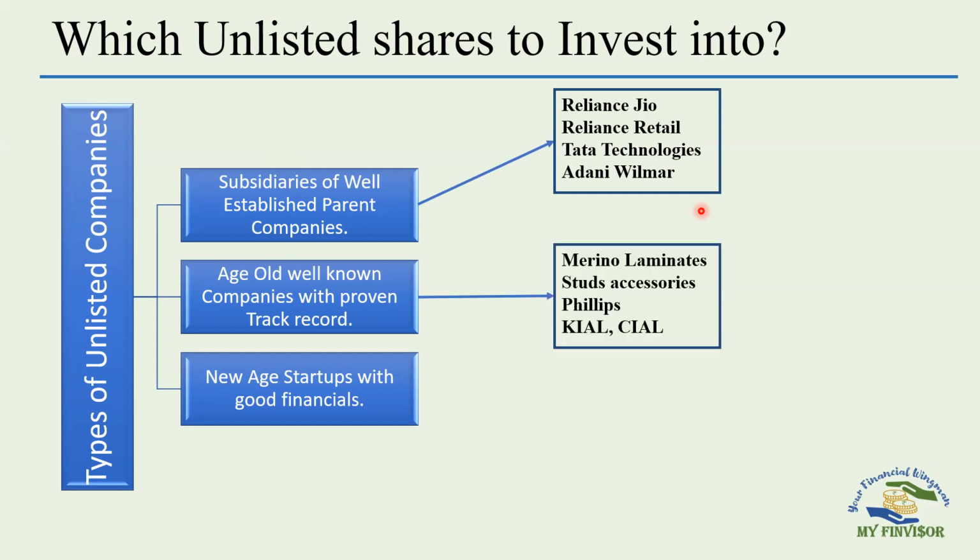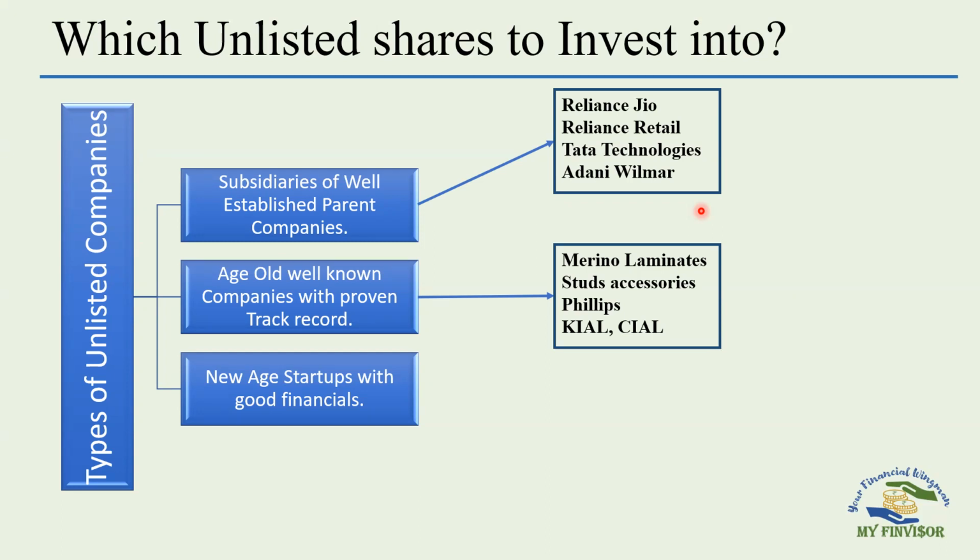And then well-known companies, Merino Laminates. The interior laminate industry today, the way houses are being built up, the real estate and the offices are being built up, interior laminates are a must. So these are some companies which are well known. They're available since ages. Philips, everyone knows Philips lighting. And then Studds accessories.